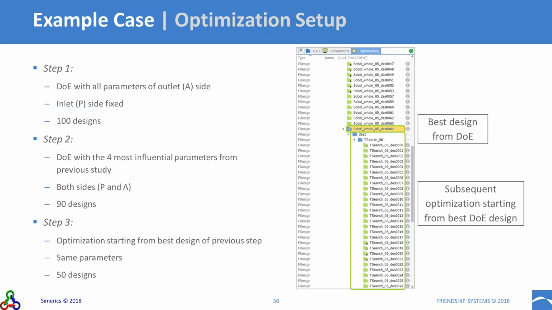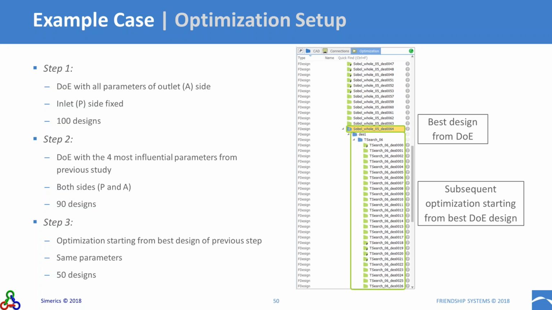Then with the result from the second DOE, we took the best design that we obtained in that step and started from there. We started an optimization using the same parameters as before, so the four most influential on both sides, and we ran another 50 designs, and then we obtained our optimized design. This is just an exemplary optimization process.